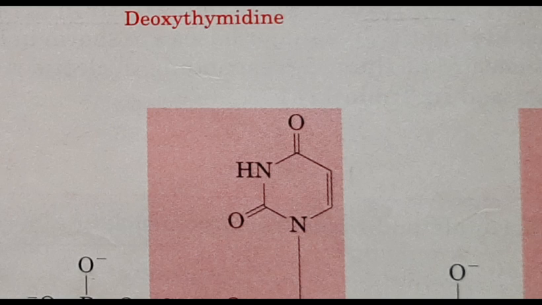I wanted to explain these 4 nitrogen bases found in the DNA, and in RNA also there are 4 nitrogen bases, but thymine is not there. In place of thymine there is uracil.